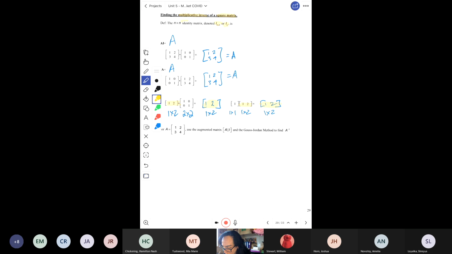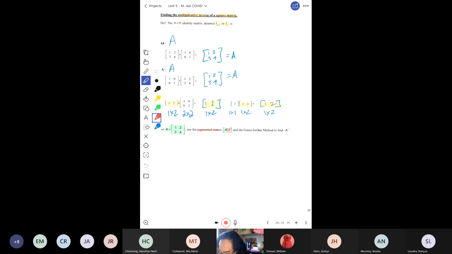To do that, all you have to do is augment the original matrix A. So I'm starting with my original matrix A. I'm going to augment that with the identity matrix. I'm just putting the little bar there to show you that I've augmented the original matrix.